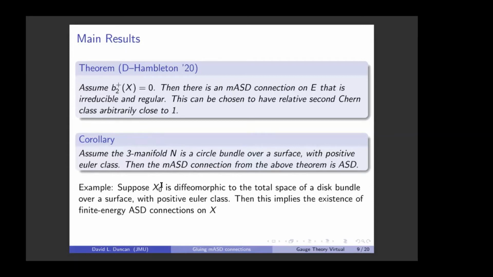Consider the case where the compact part X naught is diffeomorphic to the total space of a disk bundle over a surface with positive Euler class. Then the corollary tells you that there's a finite energy, I didn't say this here, but it'll be irreducible and regular ASD connection on X. And not only that, but this is the case for any metric that decays on the end to a cylindrical metric.